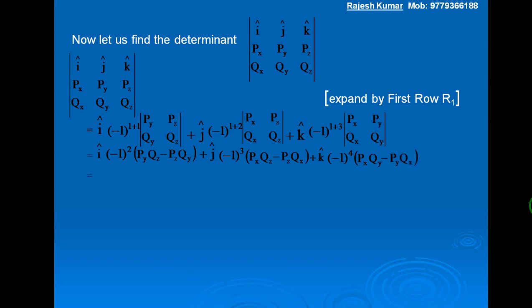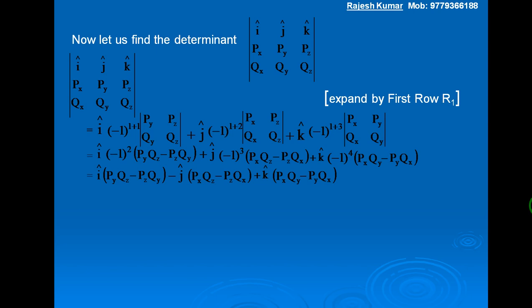Again simplifying this, we get i cap, minus 1 to the power 2 is positive, into Py, Qz minus Pz, Qy. Now minus 1 to the power 3 is minus, so it becomes minus j cap into Px, Qz minus Pz, Qx. Now minus 1 to the power 4 is positive, so it becomes plus k cap into Px, Qy minus Py, Qx.